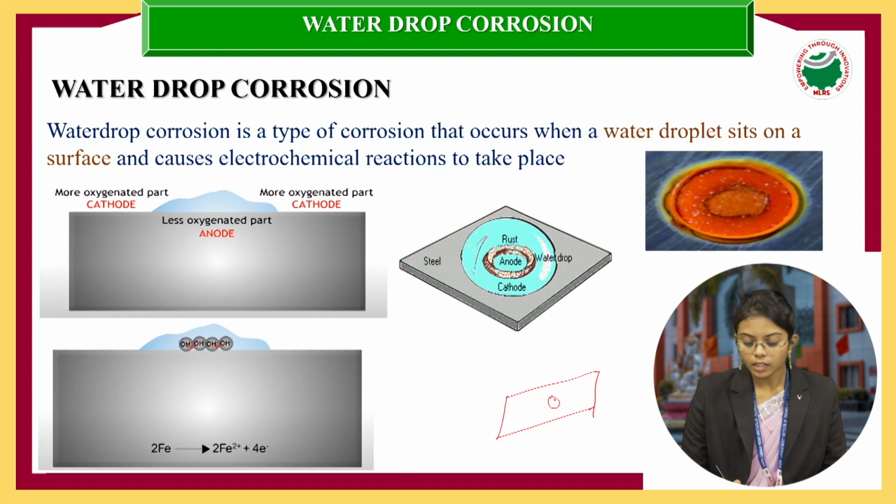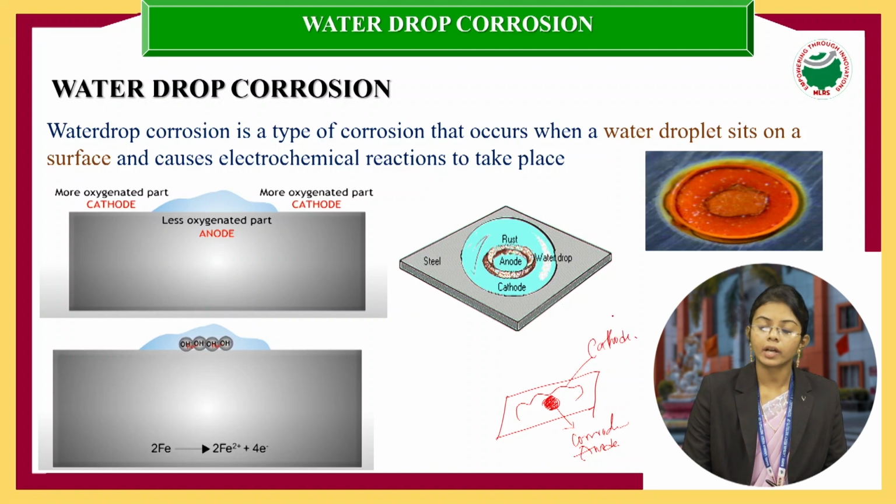Now only the surface which is covered by the water drop will get corroded. Only this part will get corroded, and this is your anode. The remaining surface of the metal will not be affected, and it is your cathode.